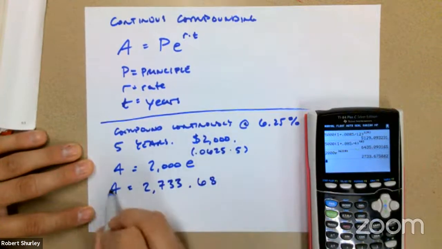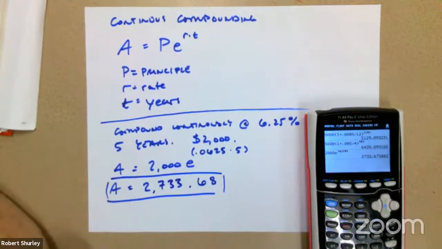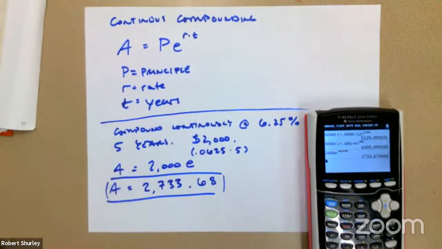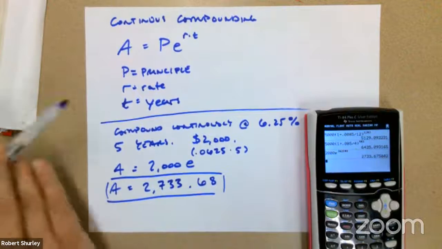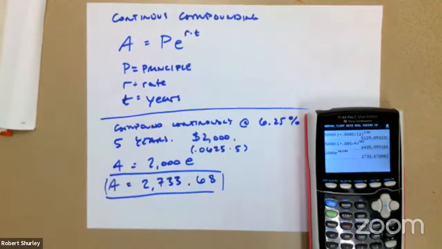We're going to round this one up, even though I doubt the bank rounds it up. Okay. Kind of cool. So we turned $2,000 into $2,733. We know this is good because it's above 3% inflation. So we're beating inflation each year, which is what matters.